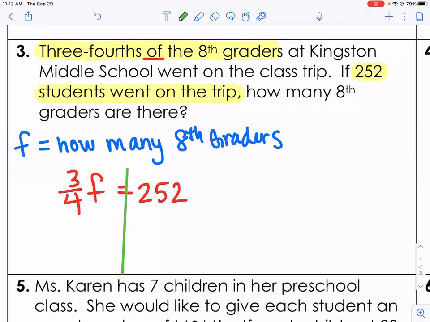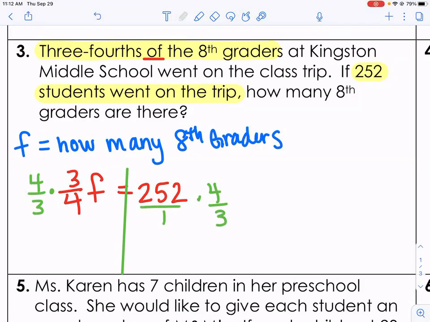Man, I really forgot how I undo that 3/4 that's tied to F. Jada, how do I get rid of it? Which would be what? So we can multiply by 4/3.